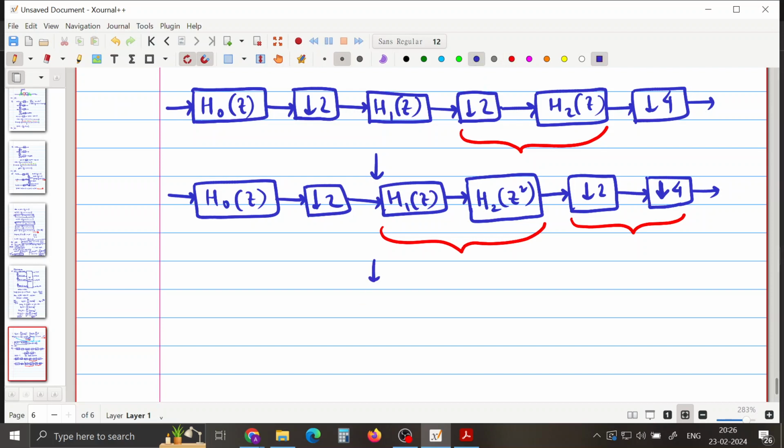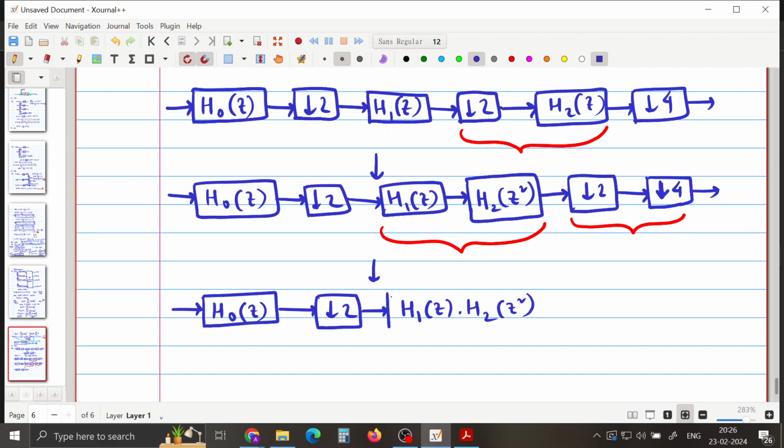So what are we going to get now? H naught of z, so now this becomes the product of h1 of z and h2 of z squared, and this effectively becomes downsampling by 8.